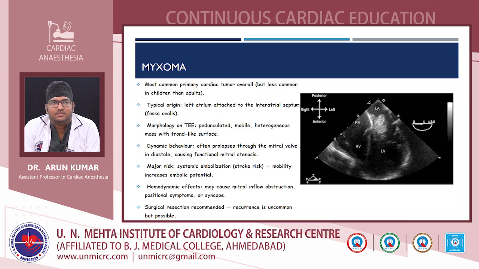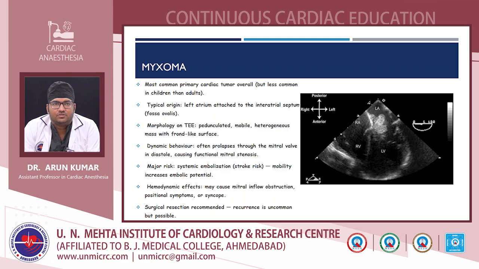So coming to the next tumor, myxoma. This is the most common primary cardiac tumor overall, but less common in children than in adults. Typically the origin is the left atrium, attached to the interatrial septum, and on TEE we can see a pedunculated, mobile, heterogeneous mass with a frond-like surface.